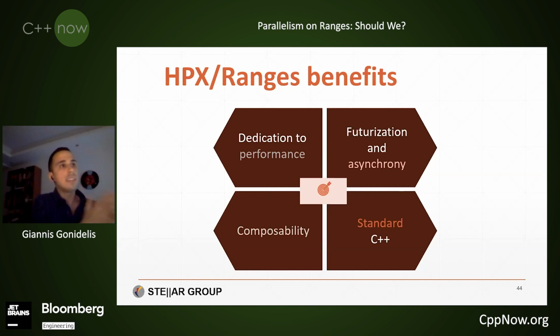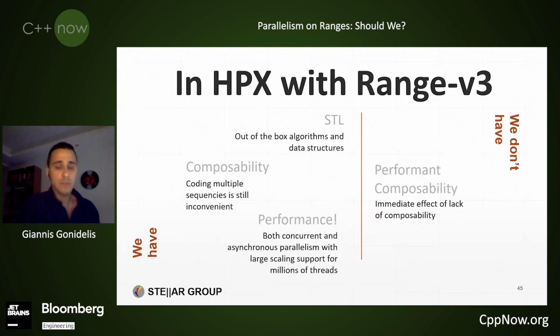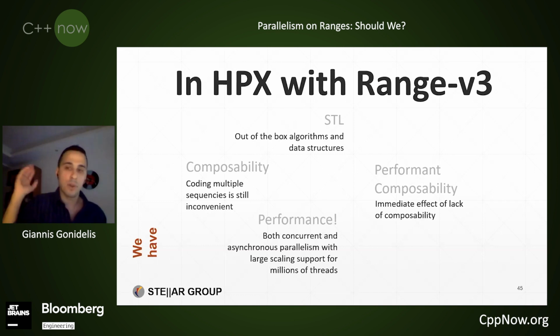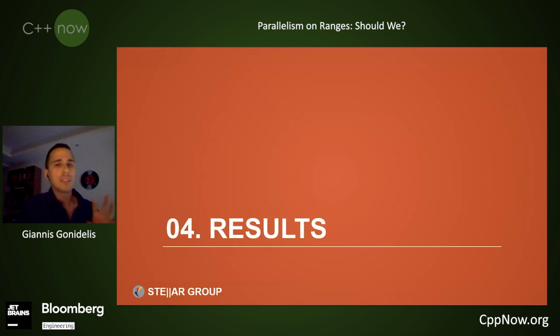So your everyday compiler vendors of the standard library may not be that focused on the performance aspect. So the final result, with HPX and range v3, you have all the great benefits of composability, performance, standard template library whatsoever. So let's see now how these results actually work.